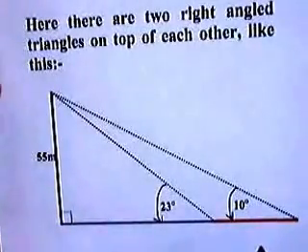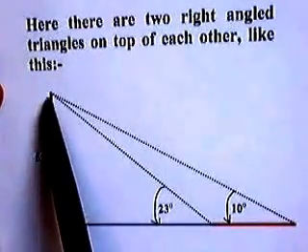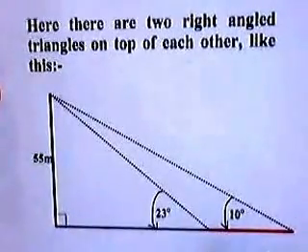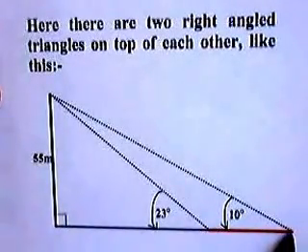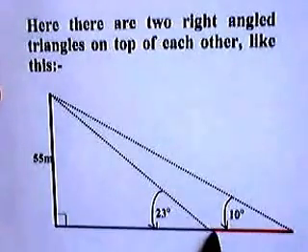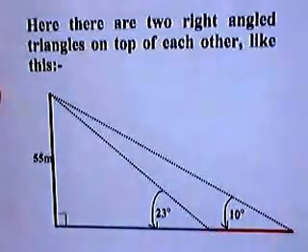So the situation we have looks like this. There's the height of the tower, 55 meters, and we are being asked to find the distance between the two prisoners. In other words, this red line here, we need to find that distance.